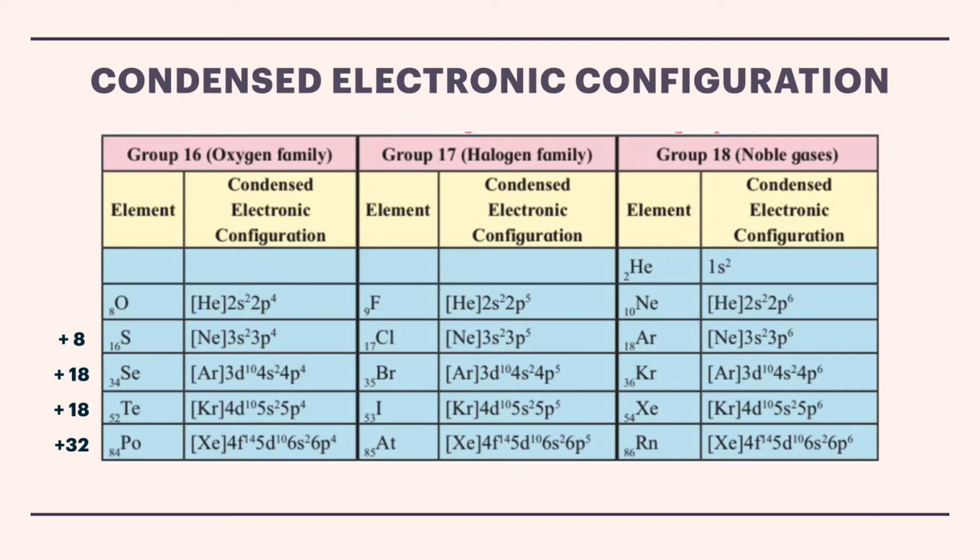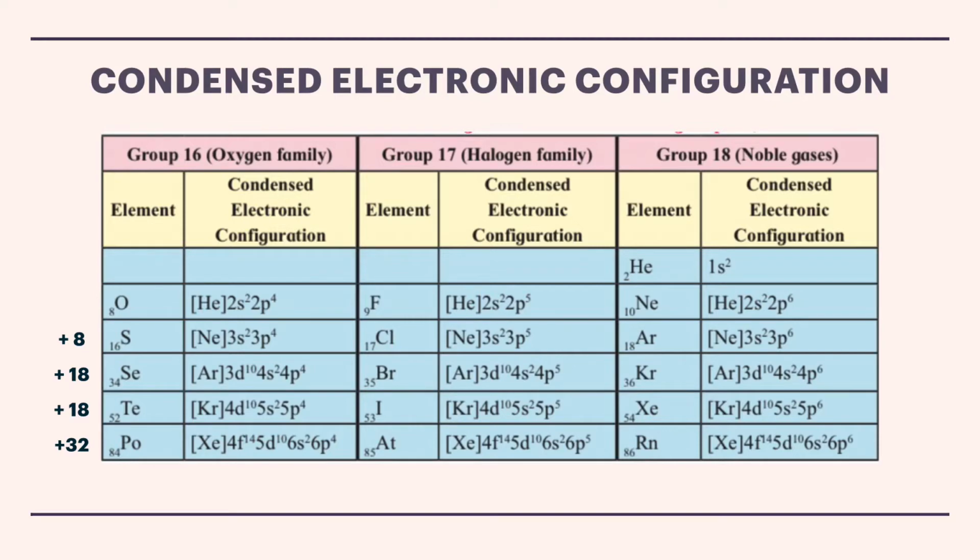Okay, so for example, if I'll just explain for the first group, that is for group 16. Now if I want to write down the condensed electronic configuration of oxygen, I have to understand before this thing which is a noble gas which comes. You can just see in group 18 it is helium. Like next element, sulfur, before that thing which noble gas element comes? It is neon.